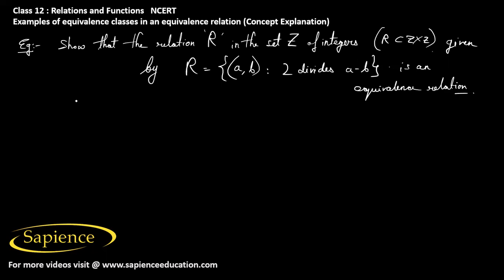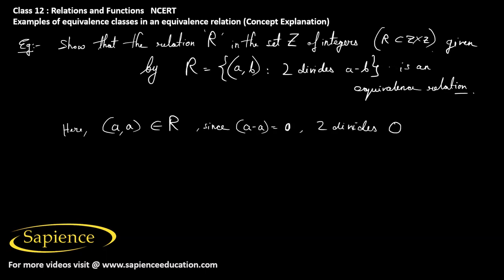Now here (a, a) should belong to the relation R. Since a minus a is equal to 0, and 2 divides 0, obviously.